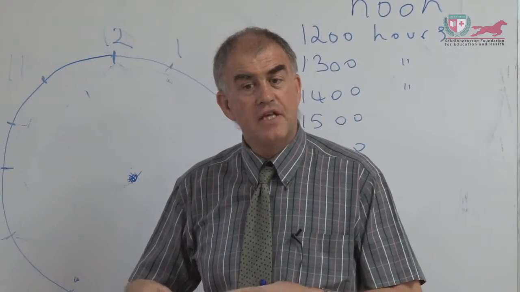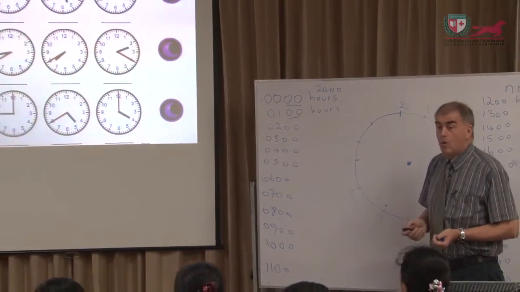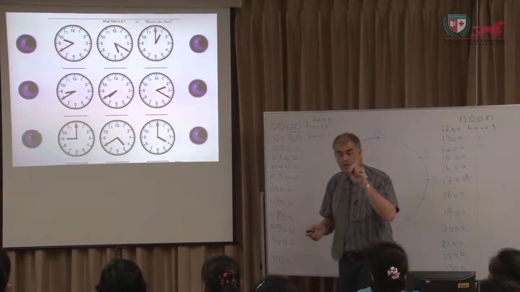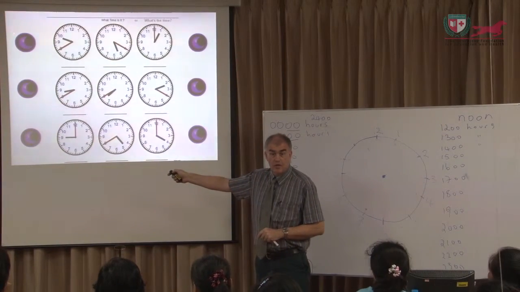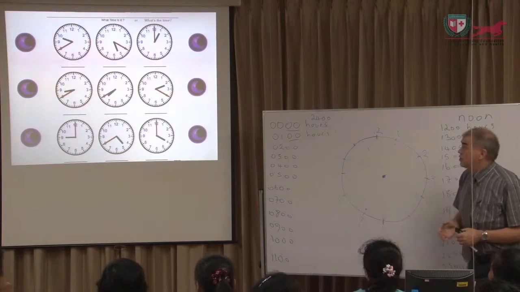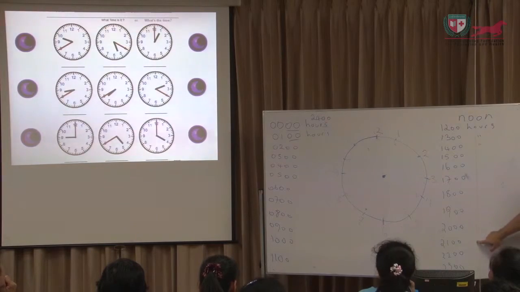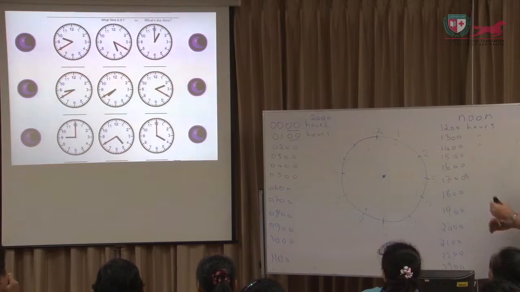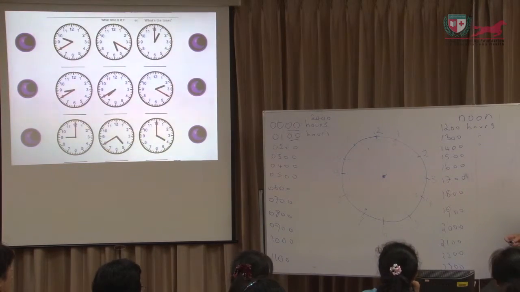Okay, so let's try this exercise. Number 1. What's the time? The first thing we think about, daylight or darkness? Daylight or darkness, okay. 2140.